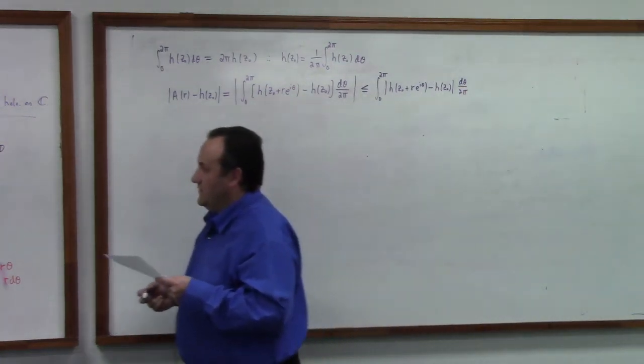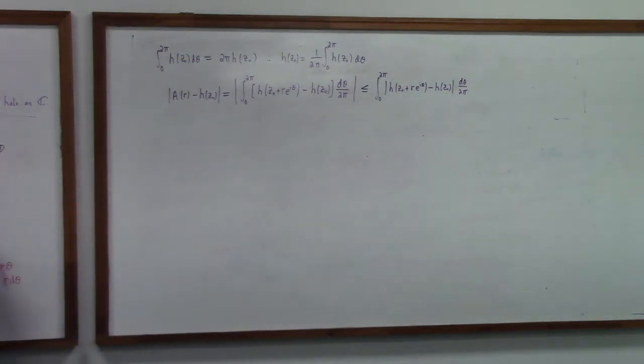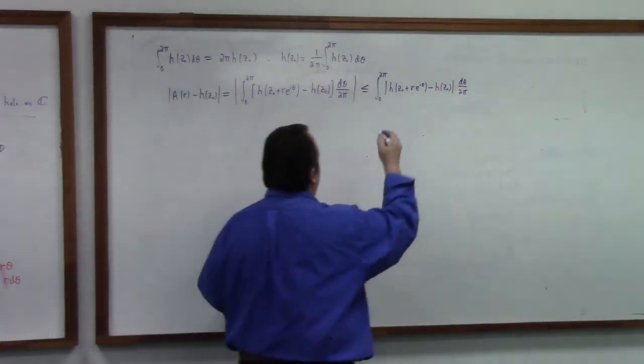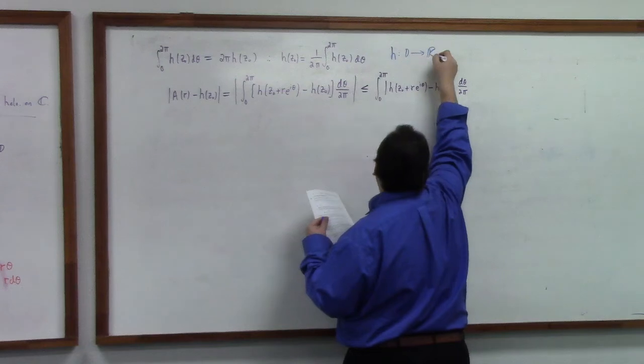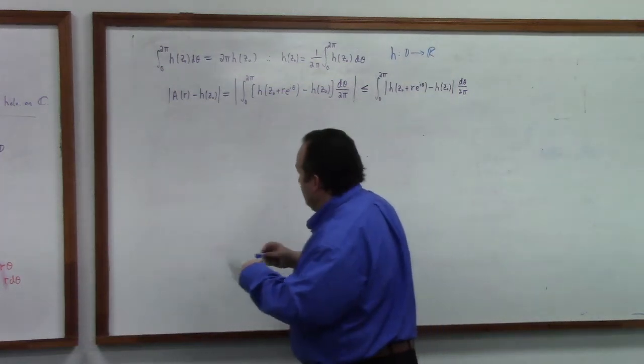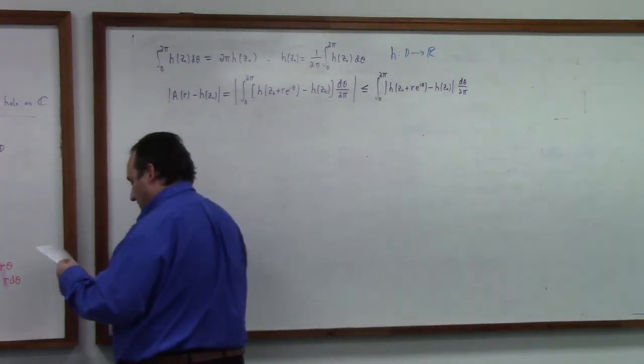So I should have said let h be continuous, real valued. So here h was a function from D to R. That was stated in the definition, and I failed to write it down. Sorry about that.